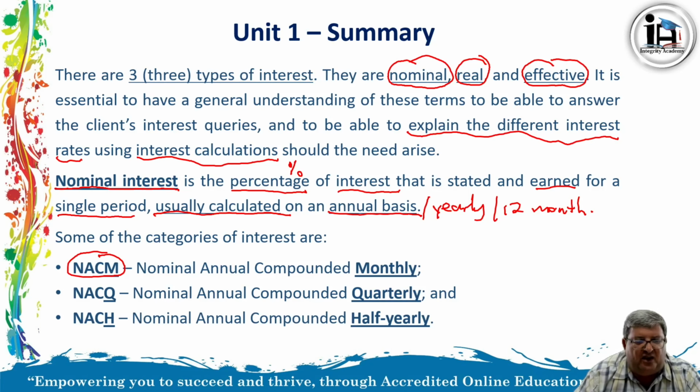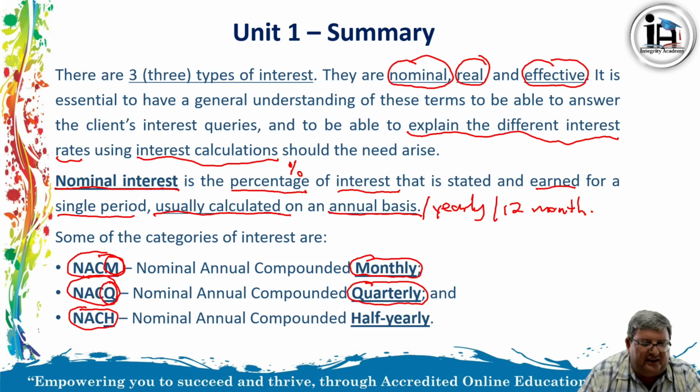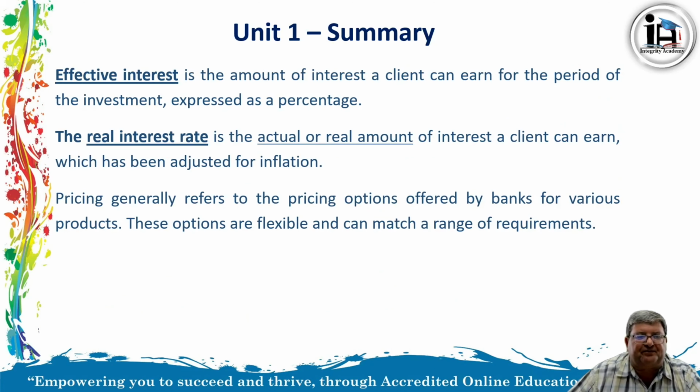The NACM is the nominal annual compounded. We said the M stands for monthly. And the NACQ, nominal annual compounded, and the Q was for quarterly. And the NACH is a nominal annual compounded interest rate, and the H stands for half yearly. There's the Q and there's the M. Alrighty.